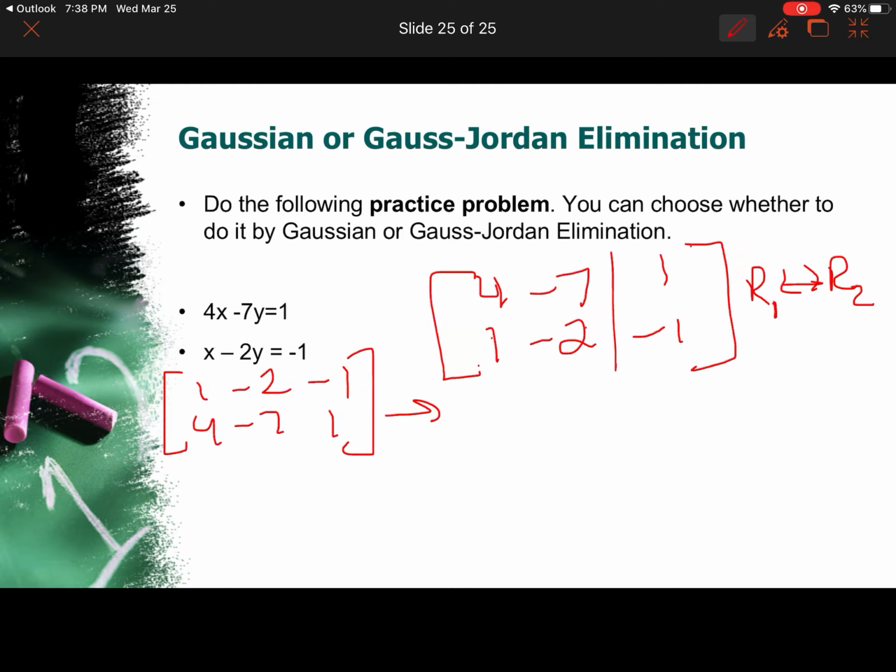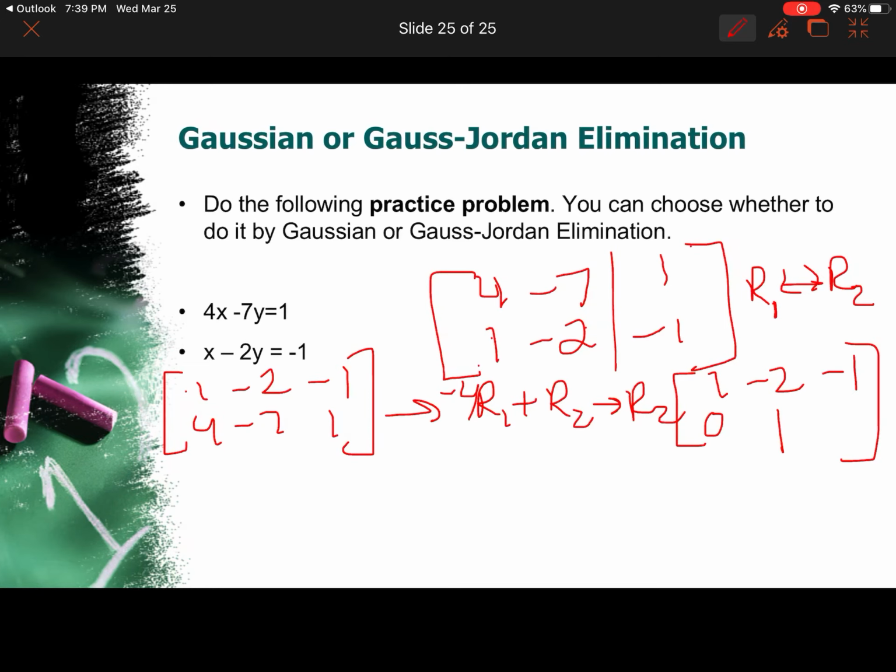All right, so we're going to do -4 times row 1, add that to row 2, that'll be my new row 2. So row 1 stays the same. -4 plus 4 is 0. -4 times -2 is 8. Minus 7 is 1.